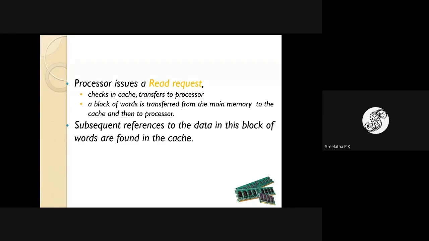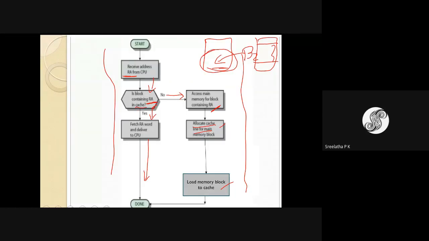If the instruction is not there, search in primary memory. Shall we proceed? Any doubt? So I think this also is clear. Subsequent references to the same block are found in cache memory because the whole block is put into the cache memory. This is just a diagram.